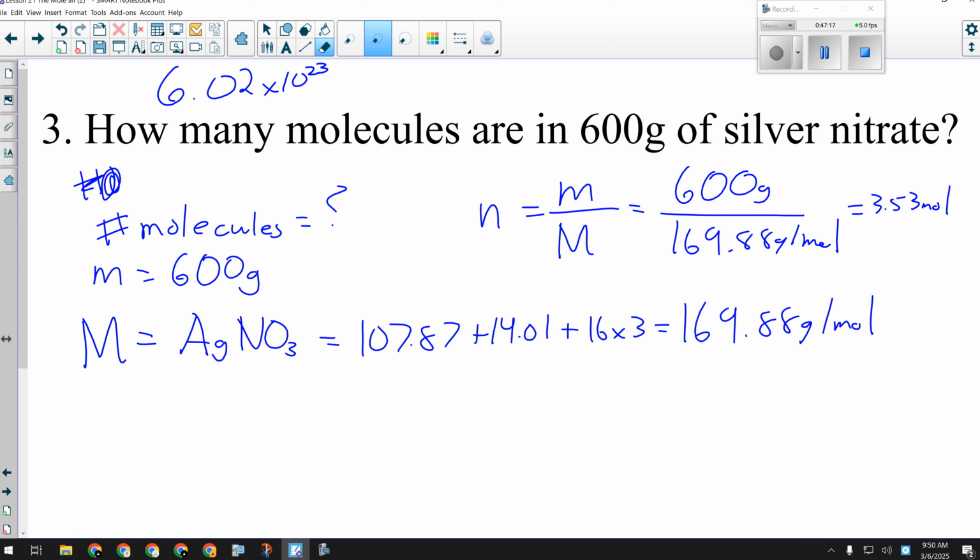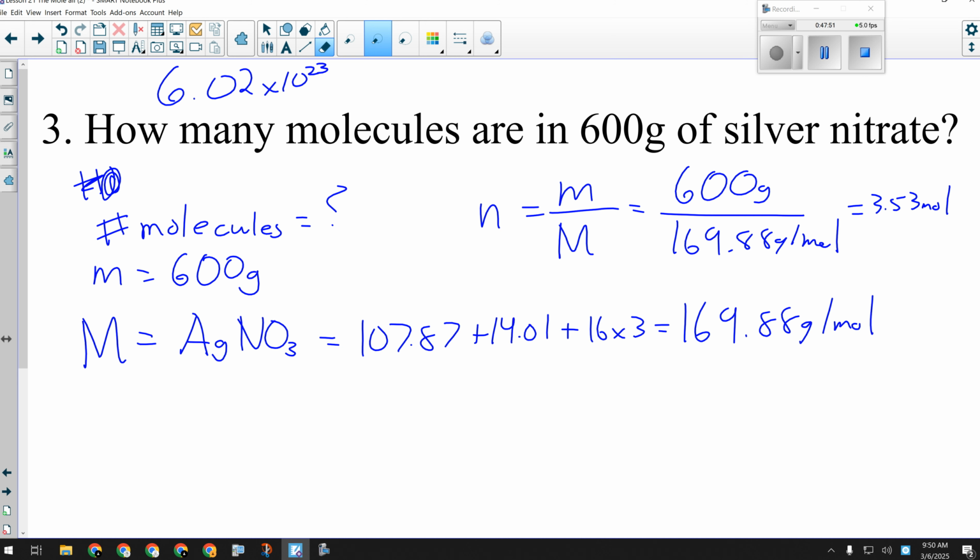Here's how you can ask yourself this question. If I multiply numbers together, I get bigger numbers, right? Is the number of molecules going to be a big number? Then I should multiply to get it. If I'm given the number of molecules, I'm going to want to go to a smaller number, so I would want to divide. You're only ever going to multiply or divide by Avogadro's number. The way you decide which one: do I want a big number or a little number?